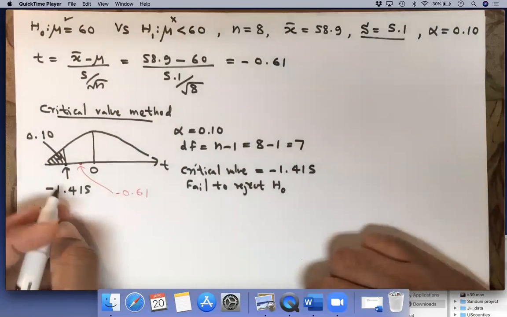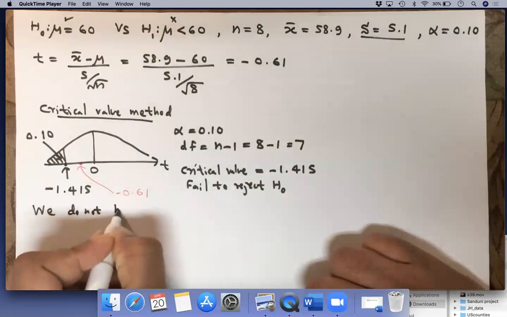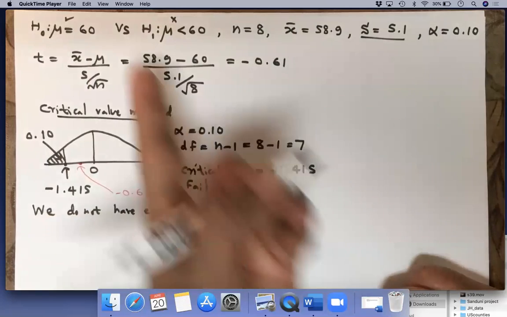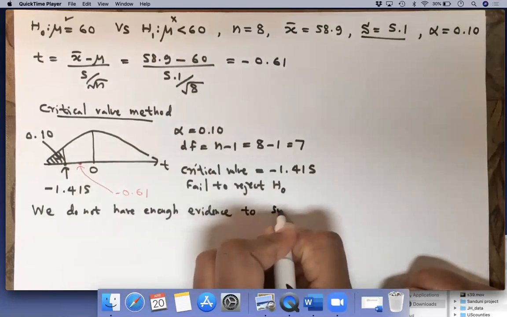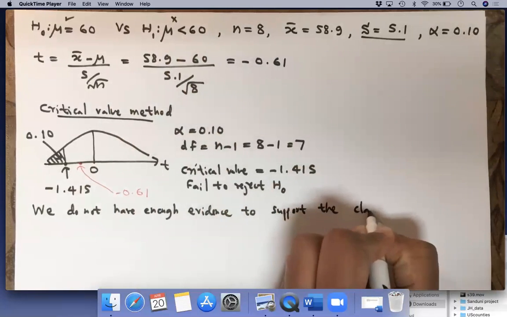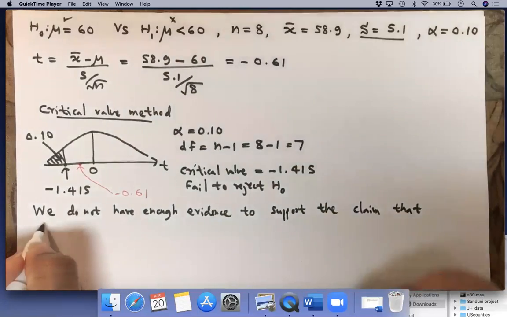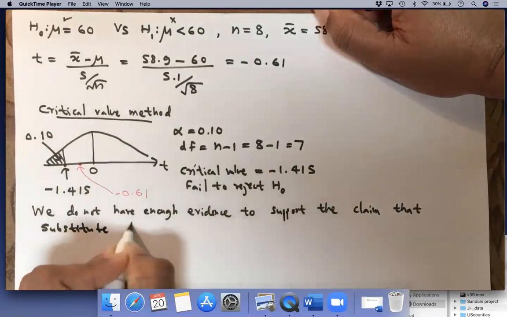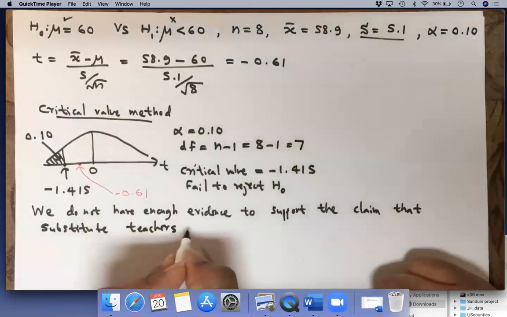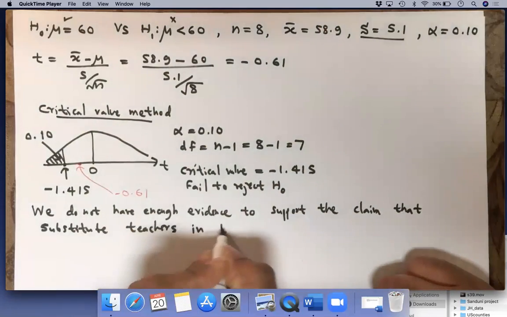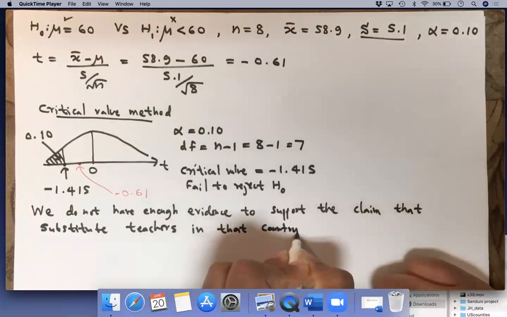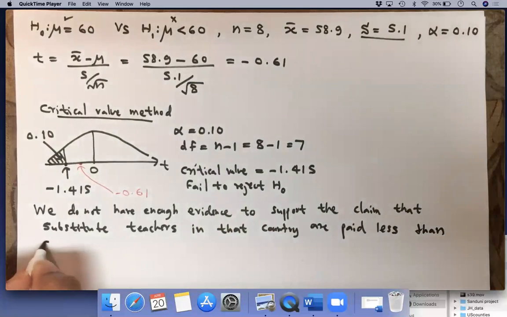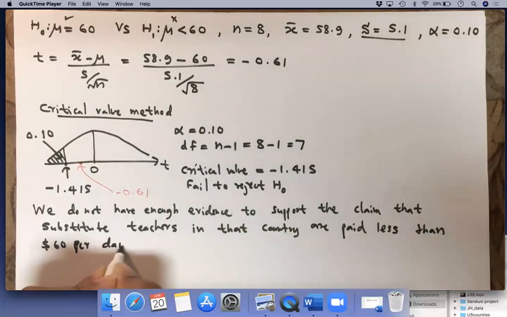So we can write: we do not have enough evidence to support the claim that substitute teachers in that country are paid less than $60 per day. That is the conclusion.